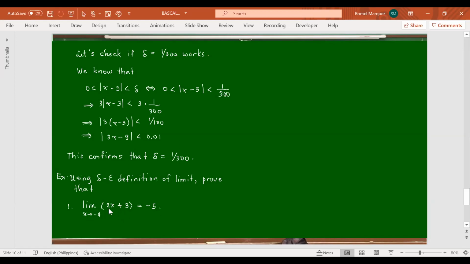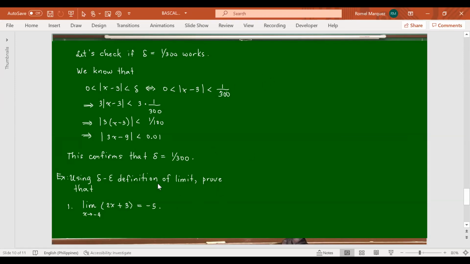Is this correct? Negative 8 plus 3, negative 5. So we want to verify that this limit statement is true, making use of the Delta-Epsilon definition of limit. It's easy to compute, negative 8 plus 3, negative 5. But to prove, that is what makes it difficult, no?